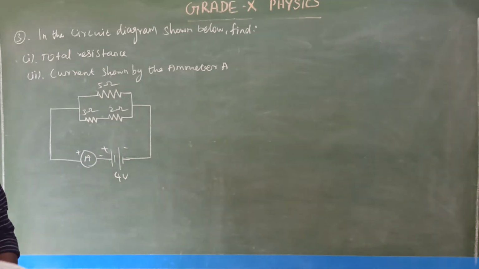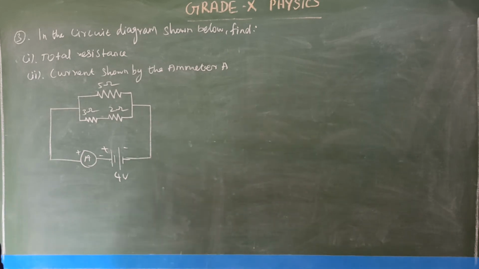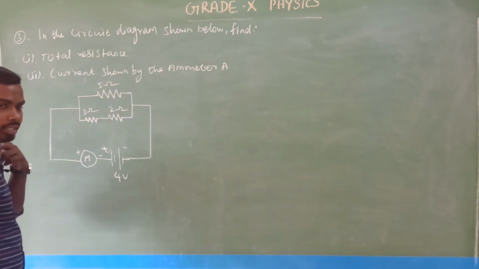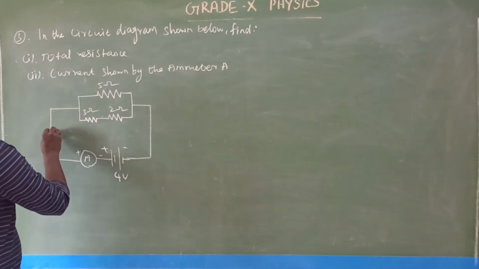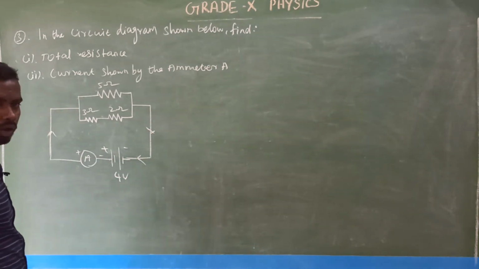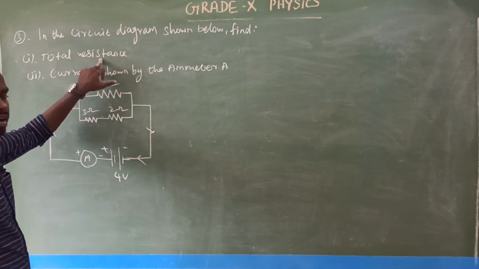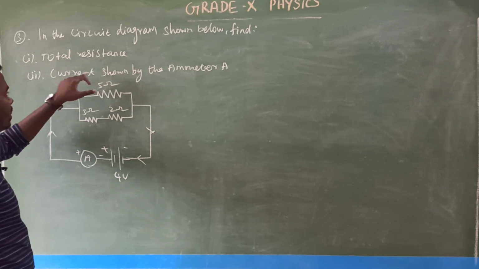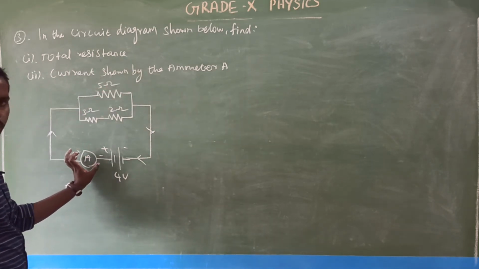That's all, students. Listen here. The question is: in the circuit diagram shown below, find the total resistance R value and the current shown by the ammeter value.